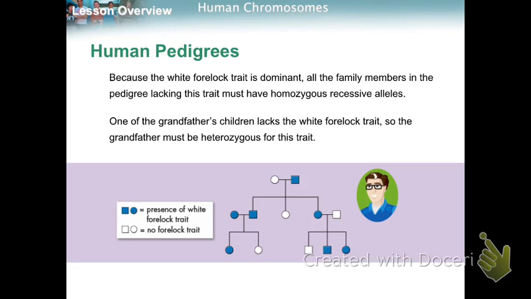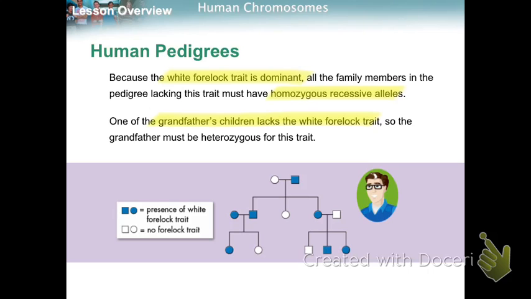So because the white forelock trait is dominant, anybody who lacks the trait is homozygous recessive. One of the grandfather's children lacks the white forelock trait, so the grandfather must be heterozygous.